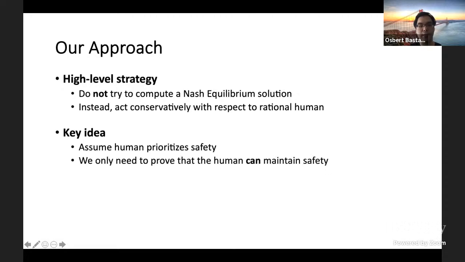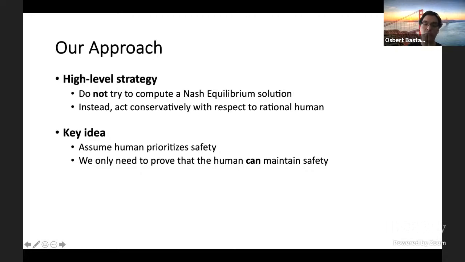The key assumption we make is that the human prioritizes safety. What this means is that we don't need to reason about the full possible behavior of the human. Because they're prioritizing safety, we only need to prove that there is some strategy that the human can take to maintain safety.